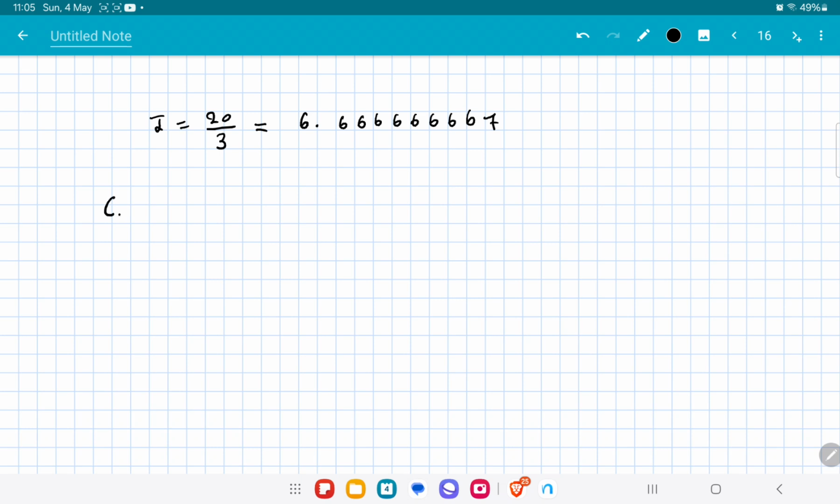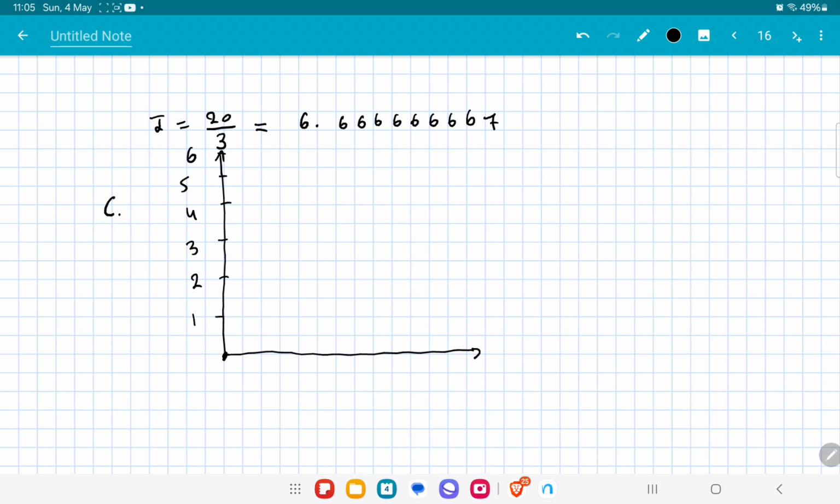Now for C, how do we work out the trapezium rule? So let's graph the function again. One, 2, 3, 4, 5, and 6.